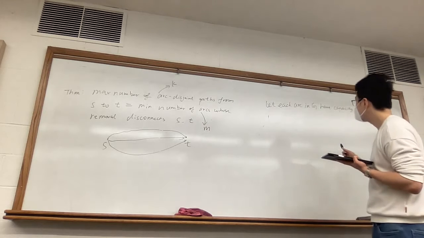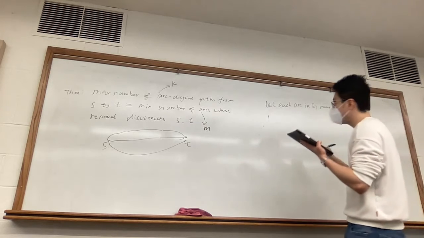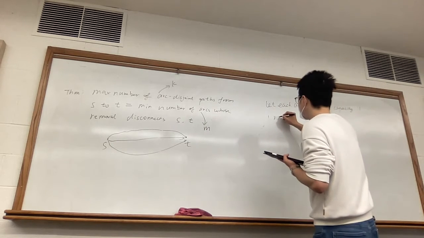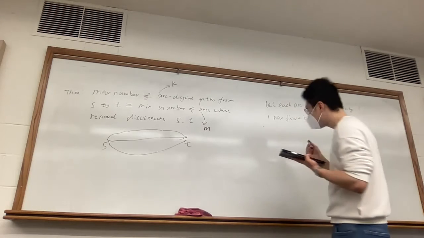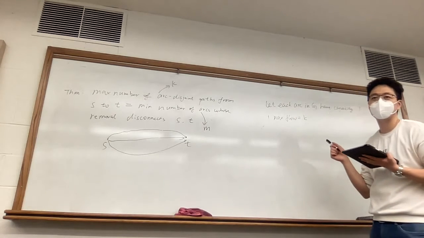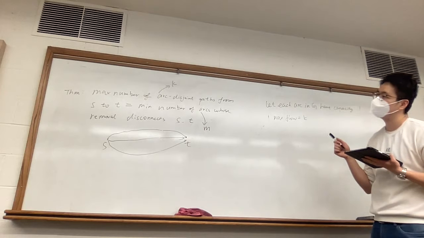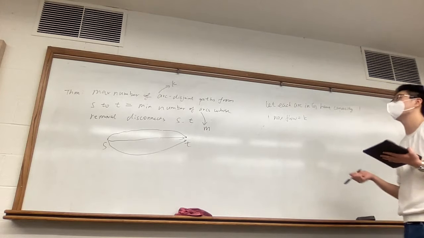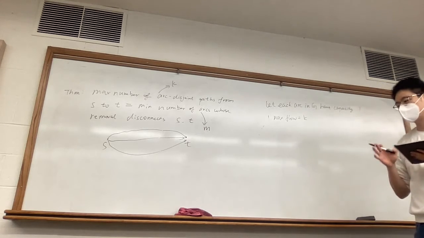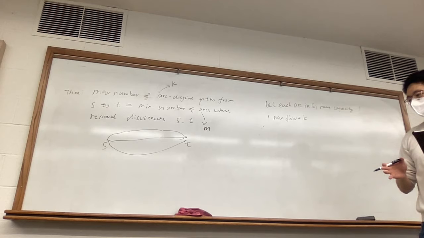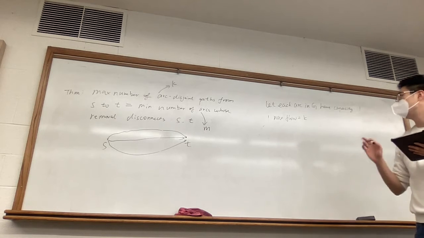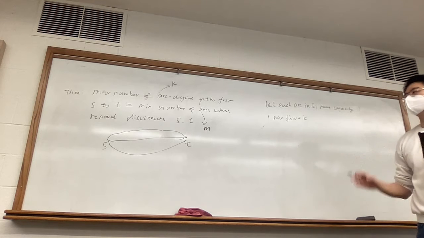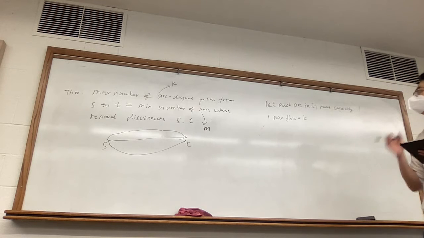Then we claim that max flow is equal to K. Think about it why. For many problems, even if the problem statement does not tell you that this is a max flow problem, and you are not given the capacity of the arcs, you can always transform it into a max flow min cut problem.